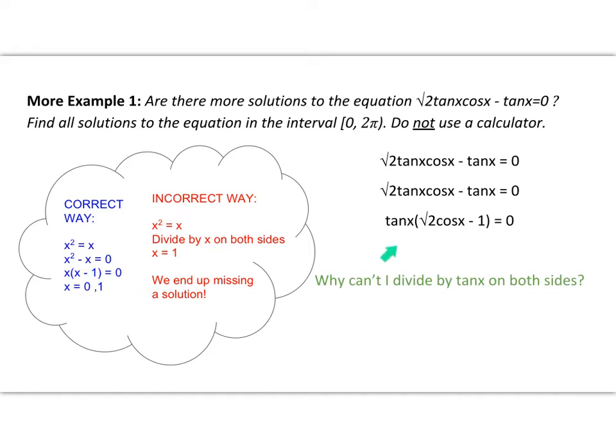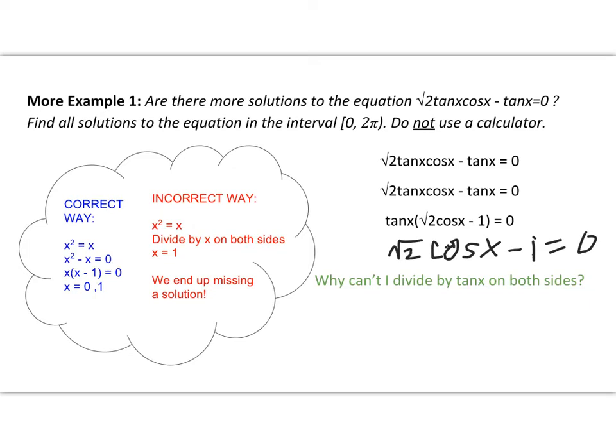Because tangent is really tangent of x, and x is our variable, because that has a variable in it, we can't divide by it on both sides, because then we would eliminate the solutions that come from that component. Dividing by tangent on both sides would just leave us with root 2 cosine of x minus 1 equals 0.